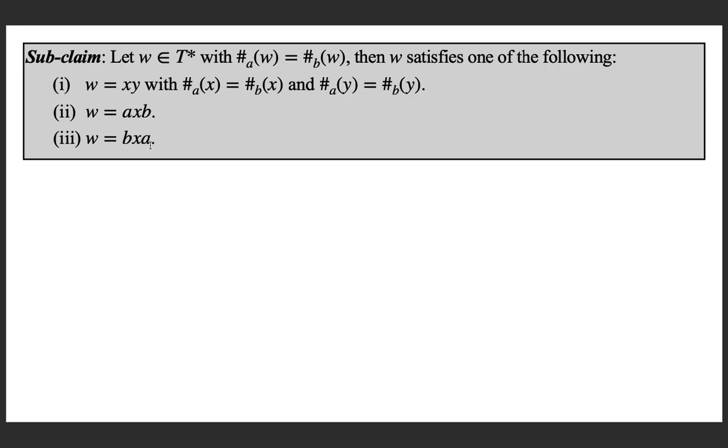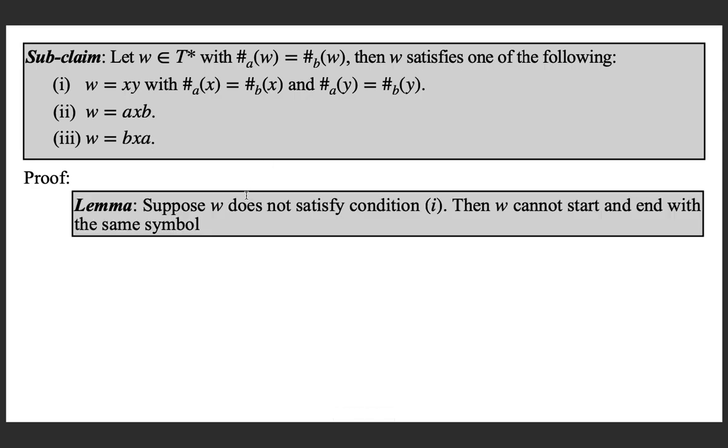We can prove it by, maybe we can first assume that W is not of the form 1. That means W is not of the form X followed by Y such that both X and Y contain an equal number of A's and B's.